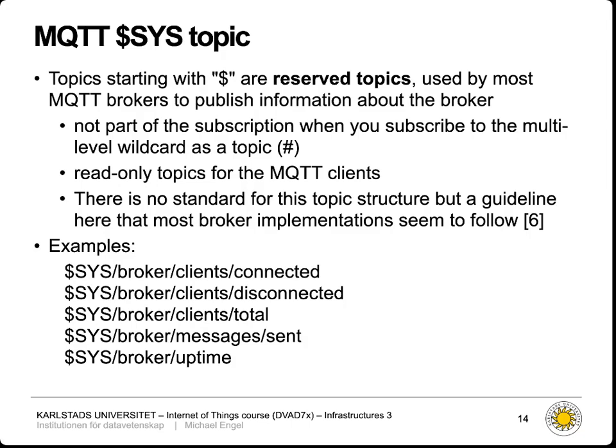Under the topic $SYS/broker/clients/connected, as the name says, you get the connected clients. Again, for disconnected and total clients, this is a number. You get a number of messages sent, or a number that indicates how long this broker has been running since the last boot or reboot, so the uptime.